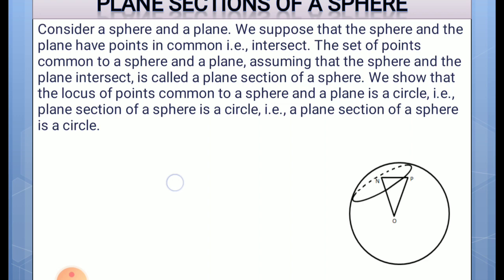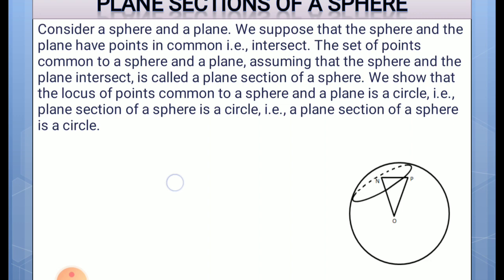Now you have to remember what is the meaning of plane section of a sphere. If a plane and a sphere intersect each other, then the set of points which are common to the plane as well as the sphere is called a plane section of the sphere. And the plane section of a sphere is a circle.